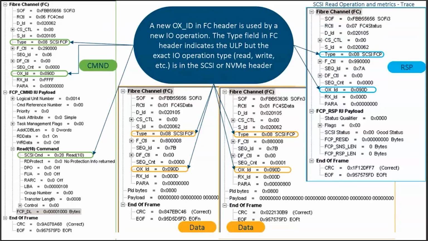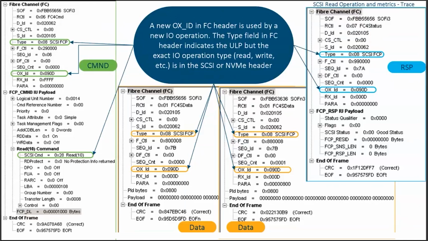And that different type is told by the type field in the header. So here 08 in hex signifies the next layer or upper layer protocol. There's a minor detail to that we'll go into in a few minutes when it comes to NVMe. But essentially, this is what signifies the upper layer protocol.